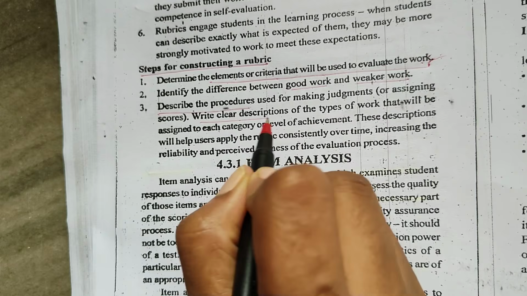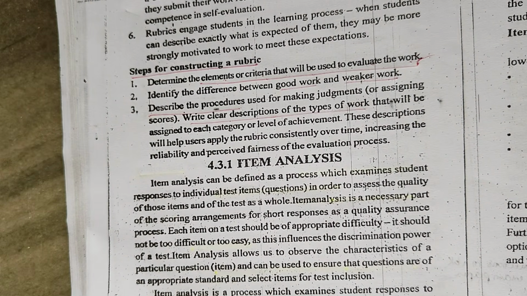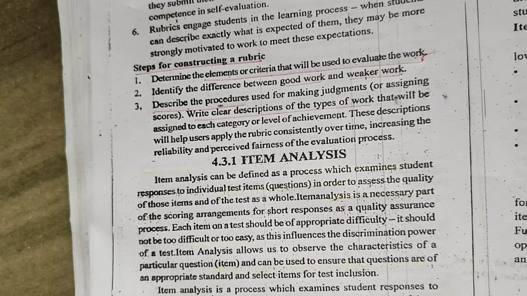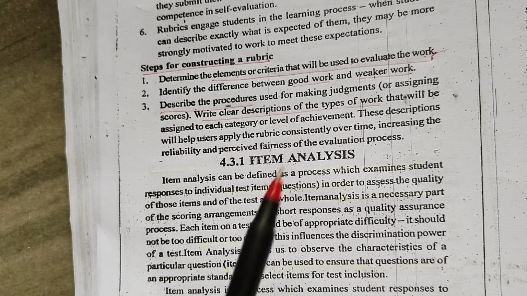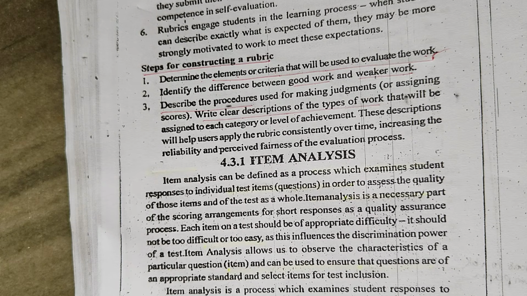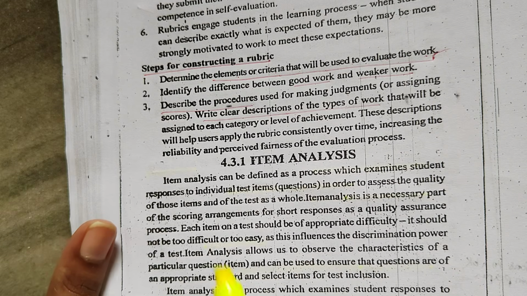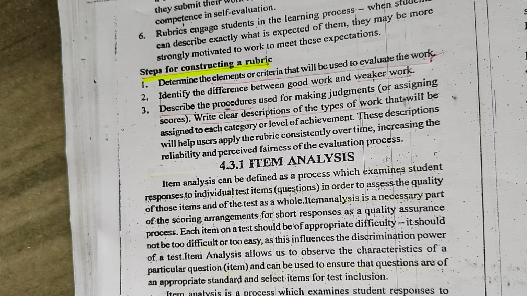Write a clear description of types of work that will be assigned to each category or level of achievement. These descriptions will help the user apply the rubric consistently over time. So friends, the last 3 points you have to remember. Okay, steps for constructing a rubric.